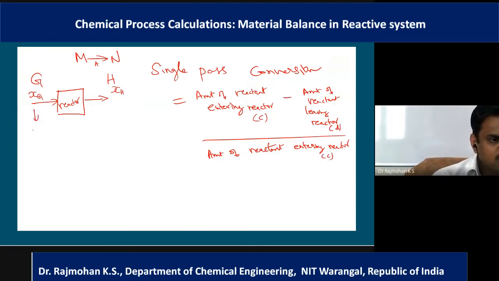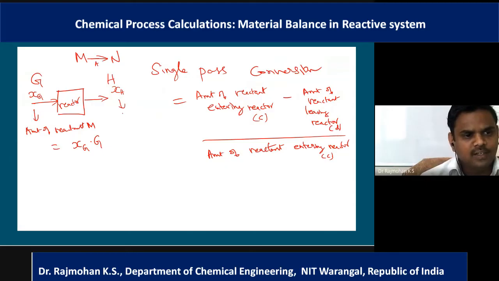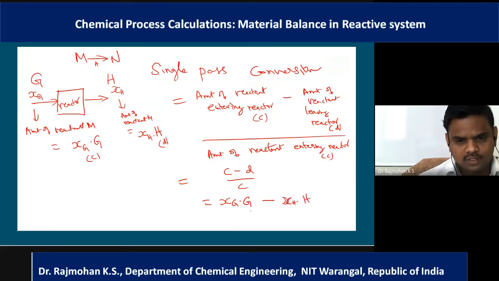Then let us write what is the amount of reactant here. Amount of reactant M entering is equal to Xg into G. And the amount of reactant M leaving is equal to XH into H. So our formula is (C minus D) by C, which is Xg into G minus XH into H, divided by Xg into G. So this is the answer for single pass conversion.